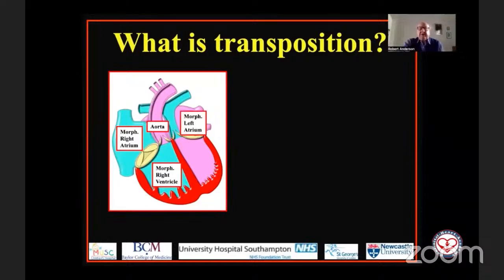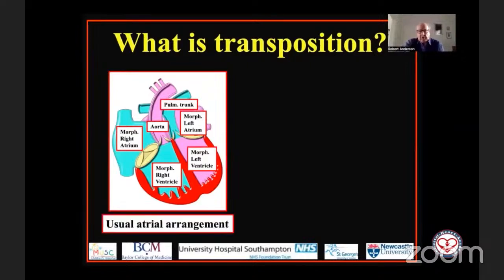And so on the other side, we have the morphologically left atrium pumping into the morphologically left ventricle, into the lungs, and then of course the blood is going to come back to the morphologically left atrium. So here we have the essence of transposition, in this instance with usual atrial arrangement.